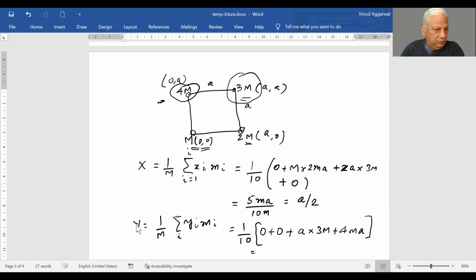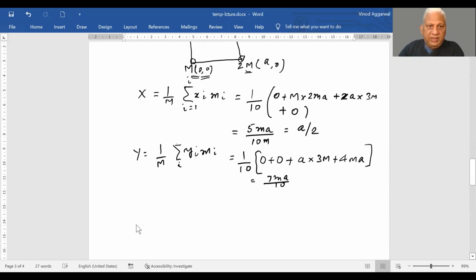So we can say that the center of mass can be defined as the x coordinate plus the y coordinate.